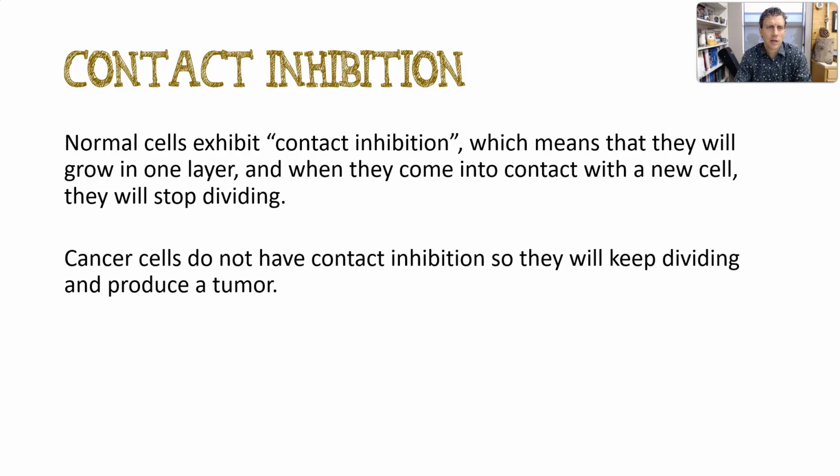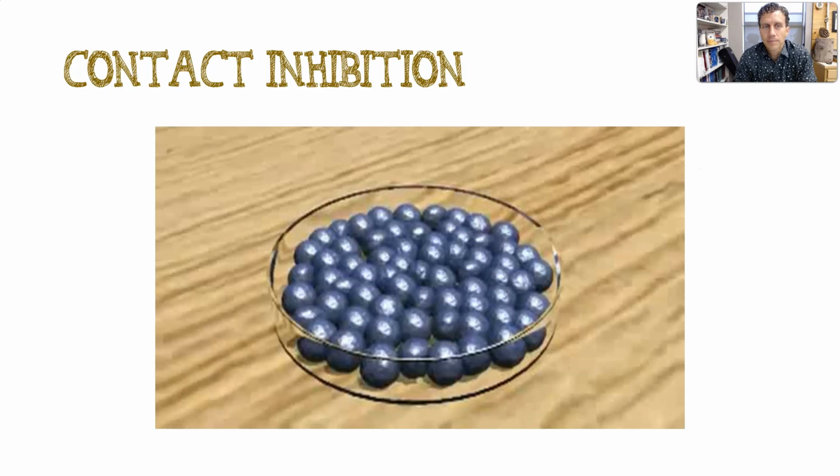Cancer cells do not have contact inhibition. So even though they're bumping into each other, they'll just keep dividing out of control, and so you form a growth, a tumor, a lump, because they will not inhibit that growth even when they come into contact with each other.